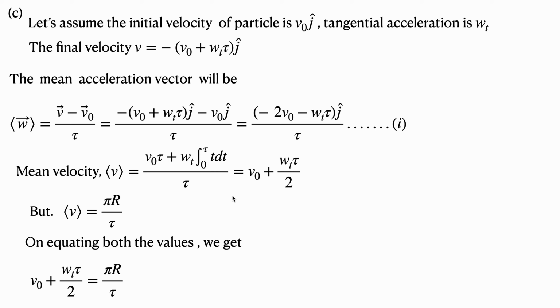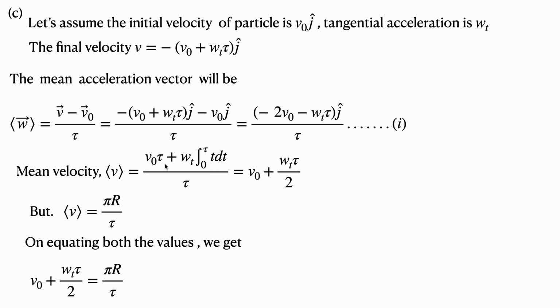The mean velocity is obtained by averaging the velocity at any instant of time t. So the velocity at an instant of time t will be v₀ plus wτ t, and if we average this using the standard formula, we integrate this velocity expression with respect to time and divide by the total time duration.